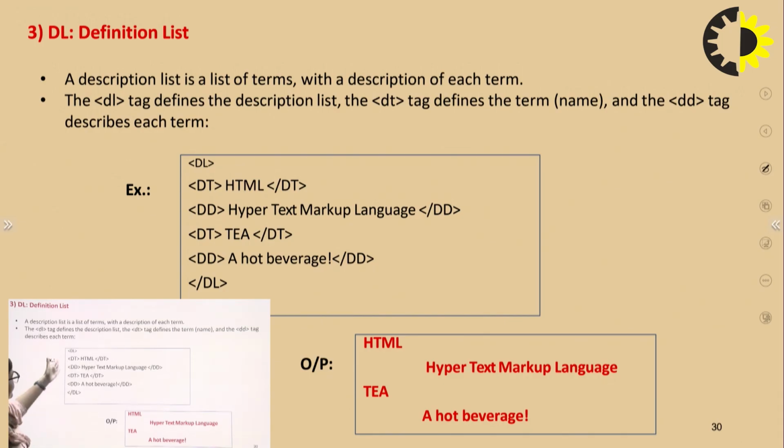You can see in the example, in DT we have defined HTML, and in DD I am writing hypertext markup language. And again I have written DT, and for the definition of Java I have given a hot beverage. So you can see the output.